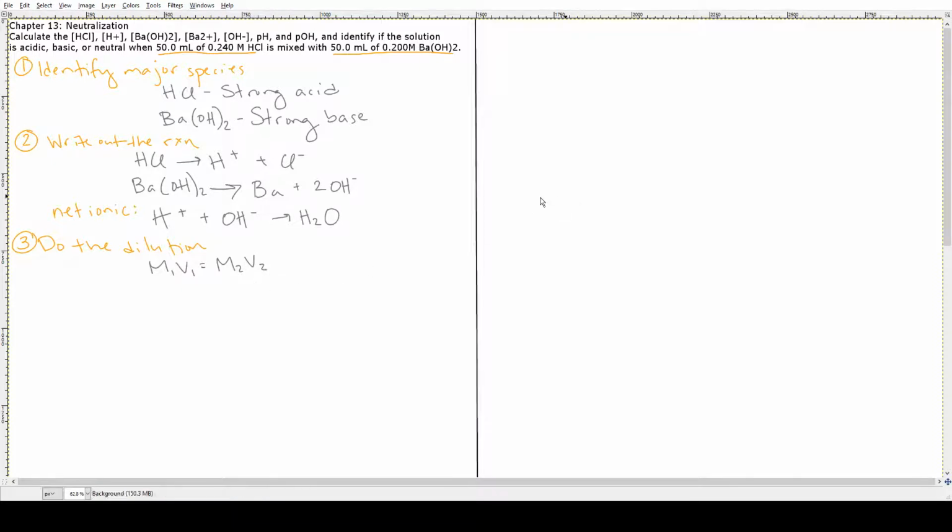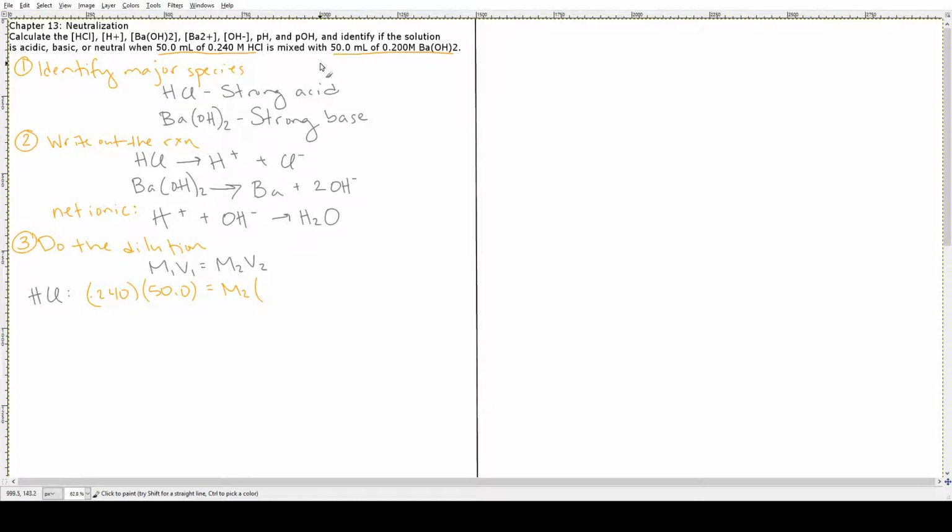So I'll do this twice, once for each compound. So for hydrochloric acid, I am starting at 0.240 molarity and 50. I'm going to leave out units. New concentration, I don't know. New volume, let's see. So it was mixed with 50 milliliters.